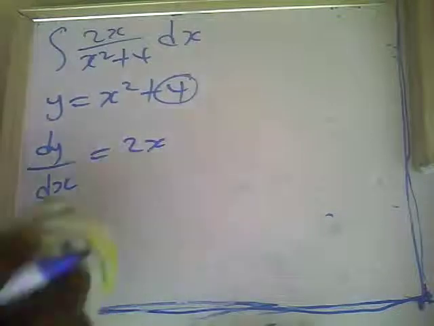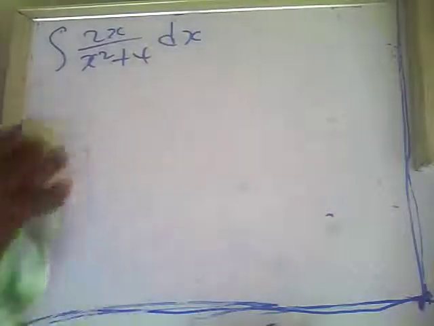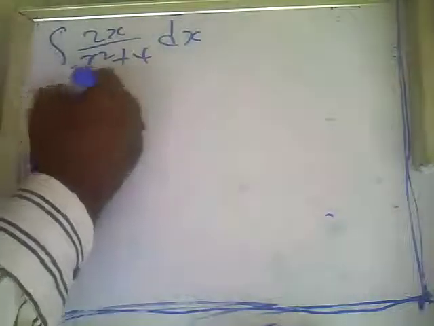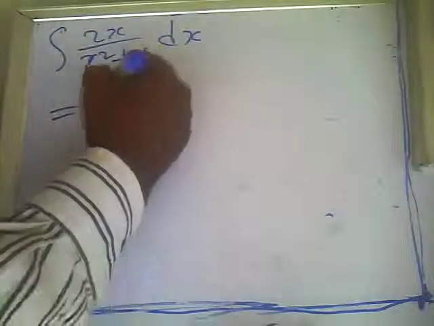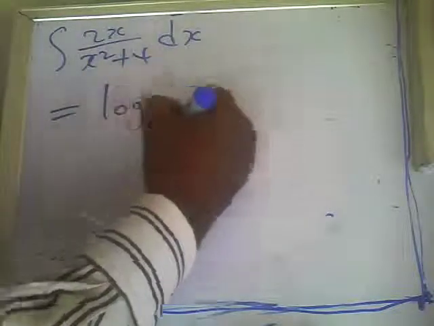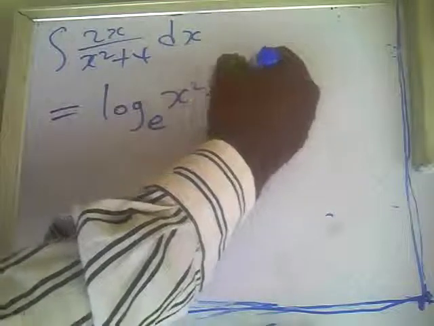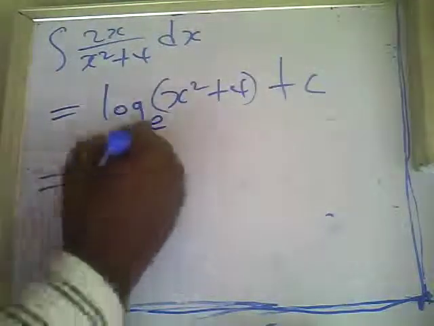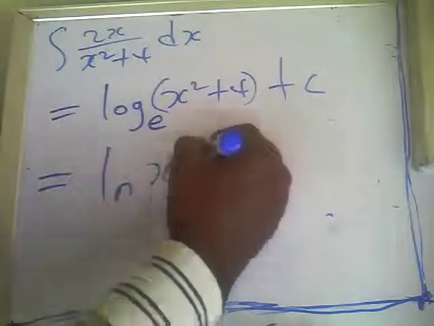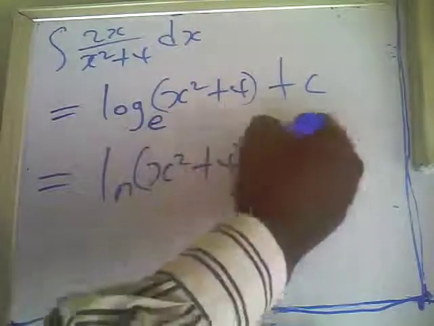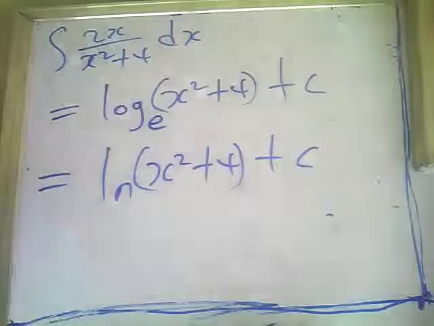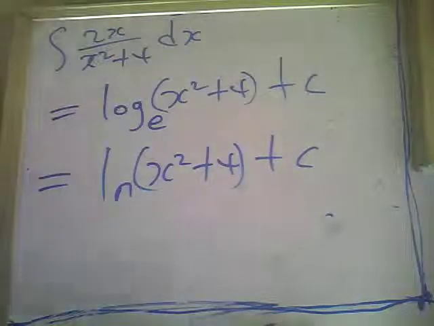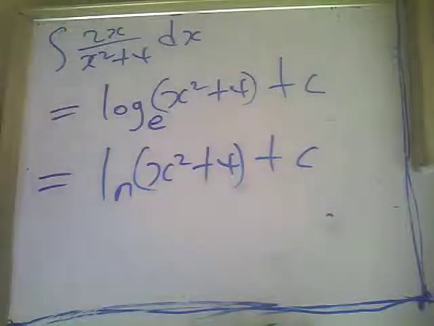Hence, we conclude by the law that the integral of this is going to be the natural log of x squared plus 4, then we add our constant of integration. Or we can write it as ln(x squared plus 4) plus constant of integration. I hope you understand that a little. That is how to integrate log functions.